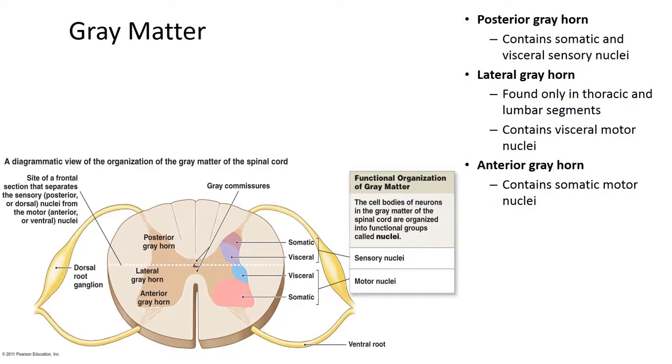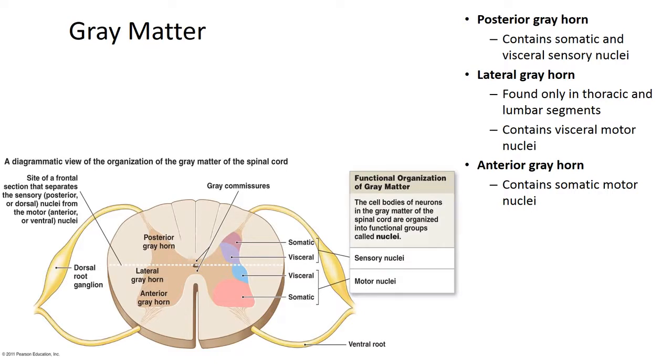The spinal cord also contains white matter. White matter contains large numbers of myelinated and unmyelinated axons. And just like with gray matter, white matter can also be further subdivided into functional and structural areas. The structural components of white matter are divided into columns.